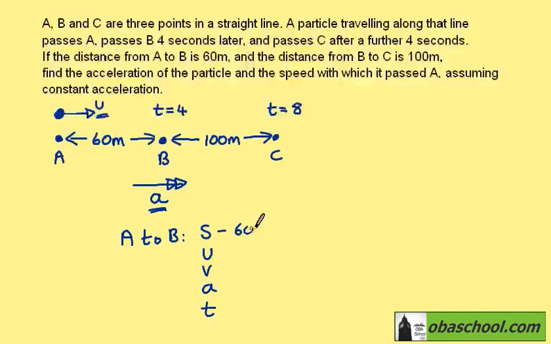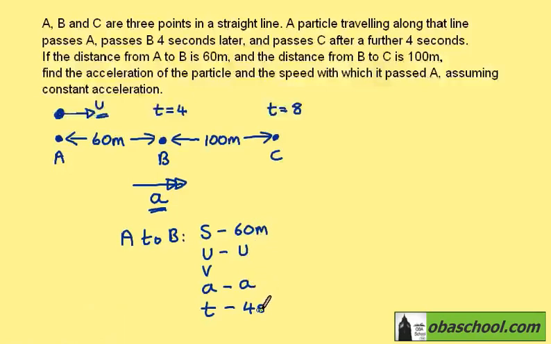We know the distance between A and B is 60 meters. We don't know the speed, but we call it u. We don't know the final speed. We do know the acceleration is a, and that the time taken is 4 seconds.